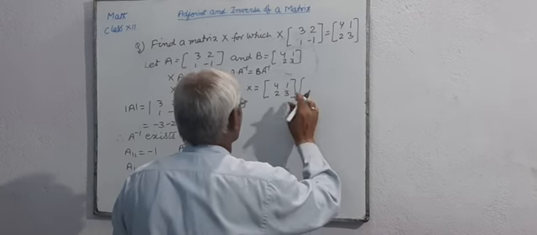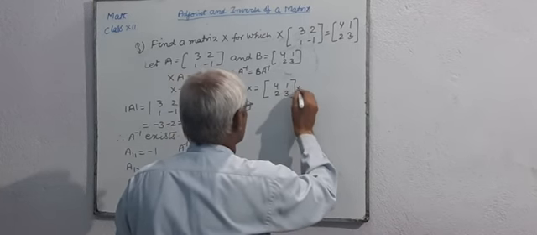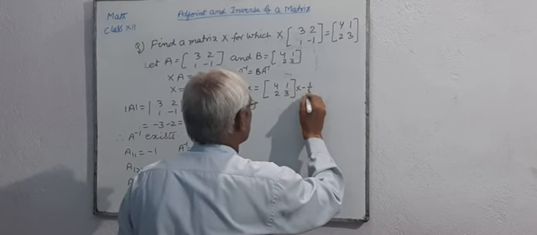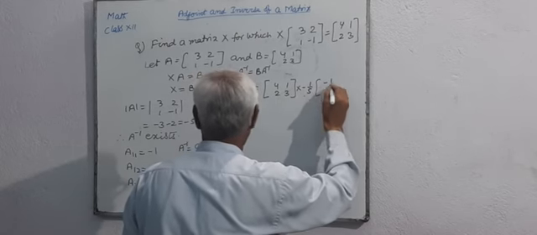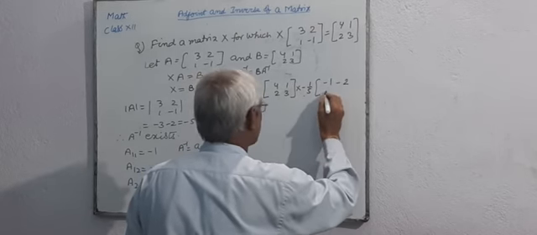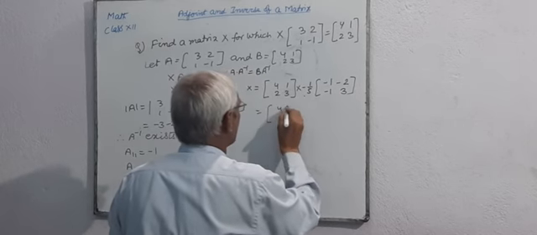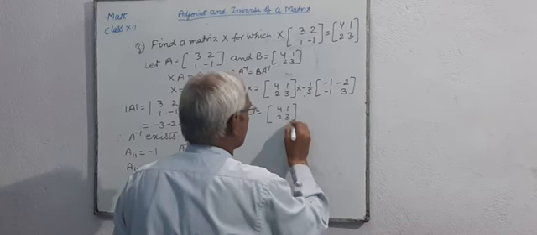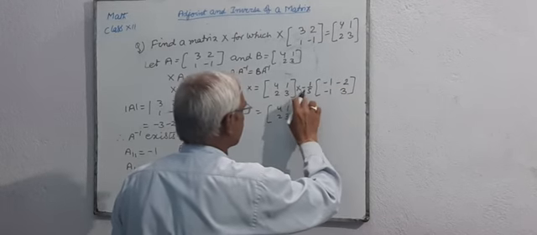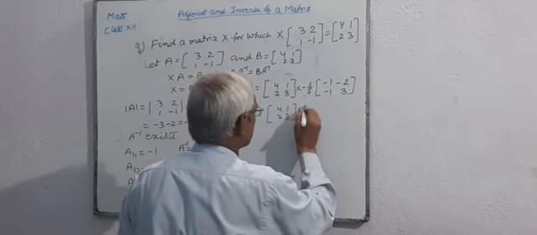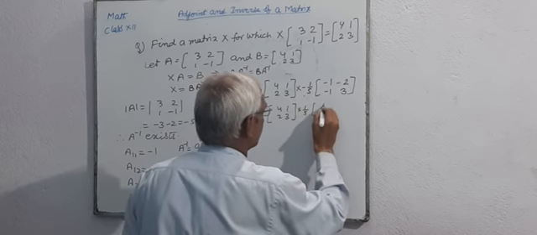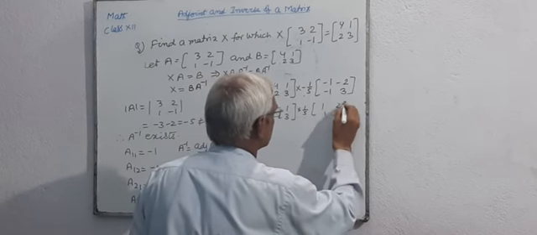A inverse = minus 1/5 [minus 1 minus 2; minus 1 3]. Taking minus inside the matrix, minus minus becomes plus, giving [1 2; 1 minus 3].